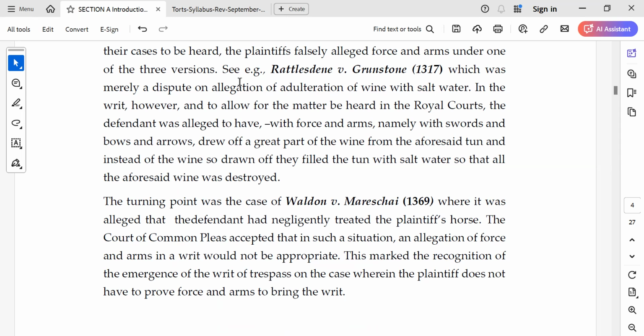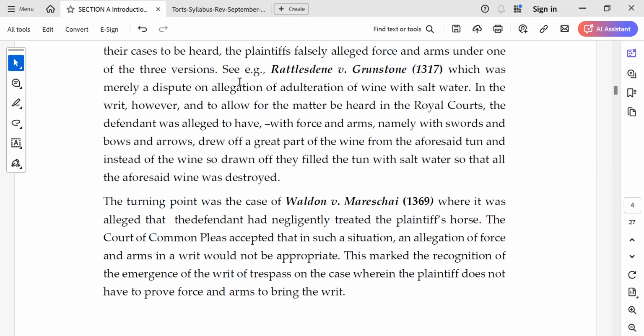The court of common pleas accepted that in such a situation, an allegation of force and arms within a writ would not be appropriate. So when they said it was negligently treating a horse, it does not involve force and arms. So this writ would not be appropriate.